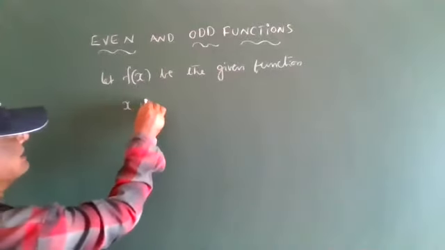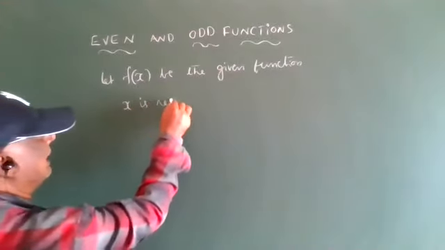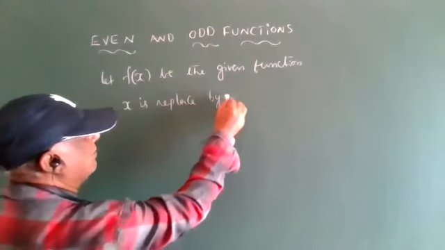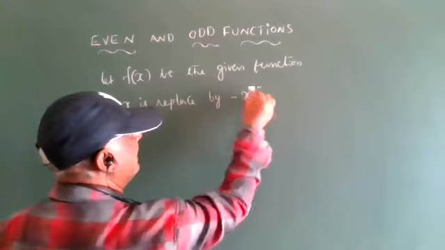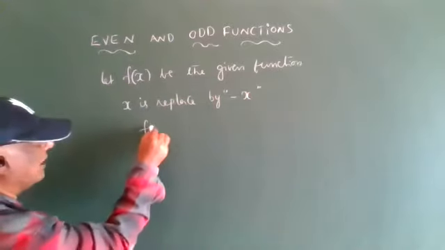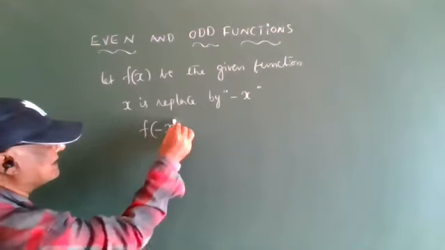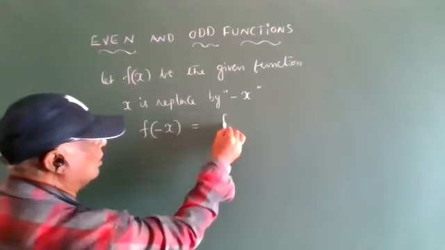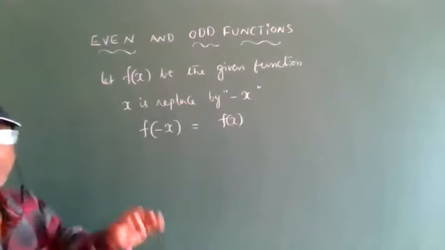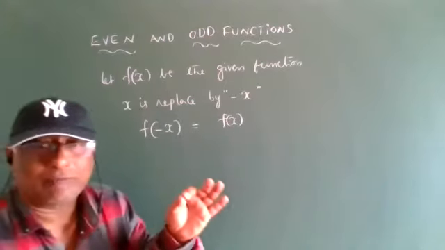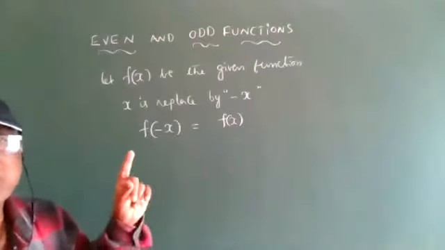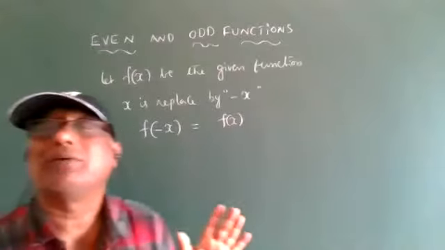That is, when x is replaced by minus x, f of minus x is equal to f of x. The whole value of f of x is positive, so f of x is an even function.